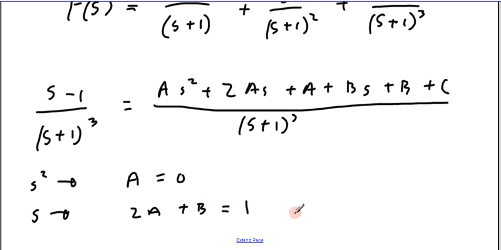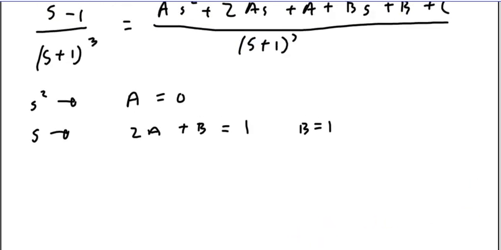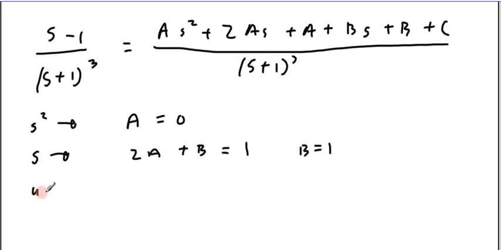Well, if a is 0, then that implies b has to be 1. And I look at my unit term, and I see that a, which is 0, plus b, plus c, which I don't know what it is, has to be minus 1.